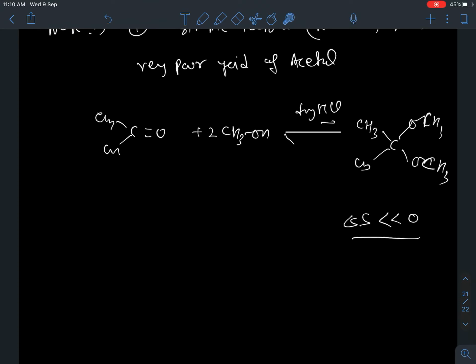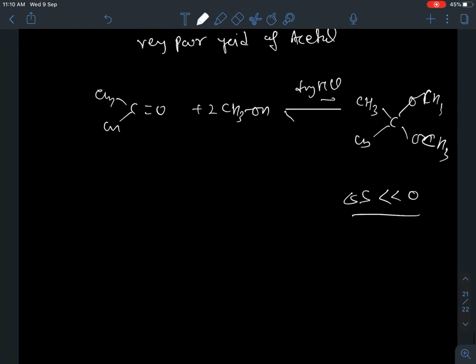Now is it a good case? Answer is no. Then what to do if I want to just treat? Okay, fine, this is not reacting in this way. Whereas if you talk about this cyclic one, especially 5-membered, that will react.